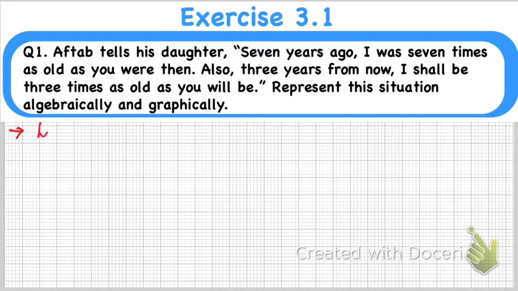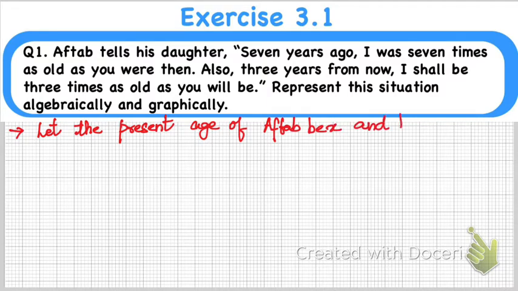So we will assume that let the present age of Aftab be x, and for his daughter we will assume the age as y.